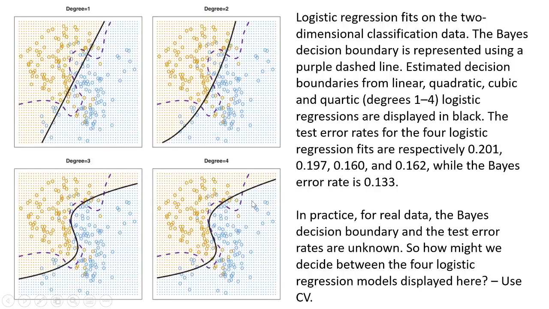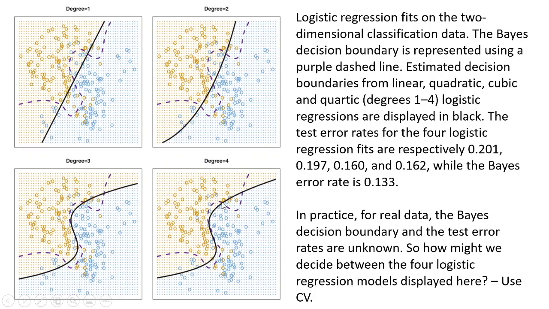When we get the test error rates, for the linear we have 0.2, which is the highest, and for the quadratic we have 0.197. When we have the power of 3, we have 0.16, which is the lowest of them all. And as you increase the model complexity, the test error rate actually increases a little bit to 0.162.